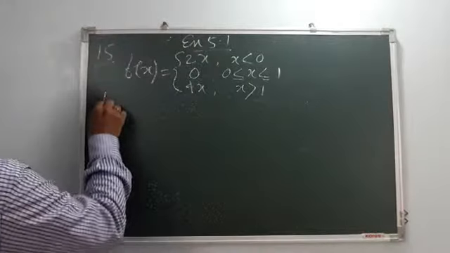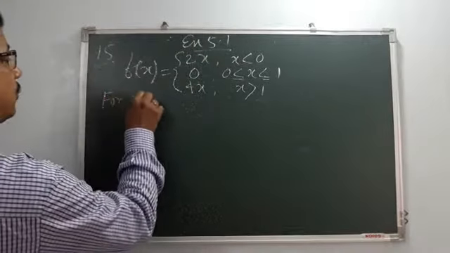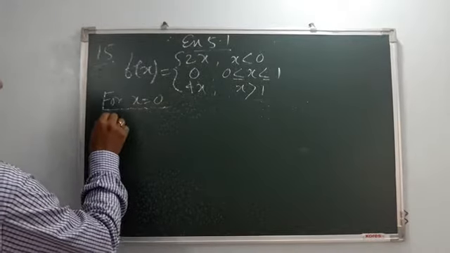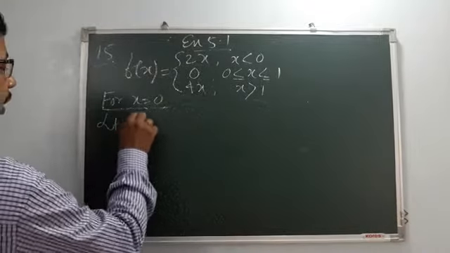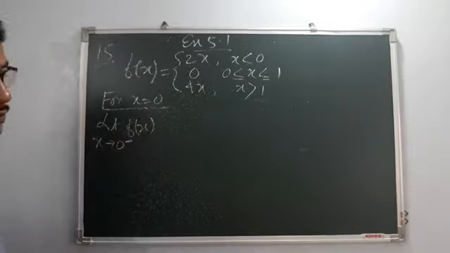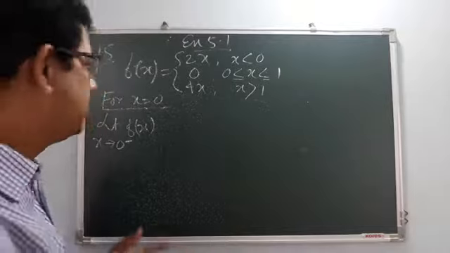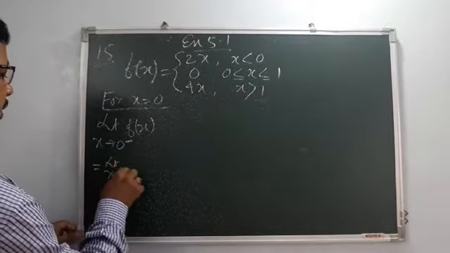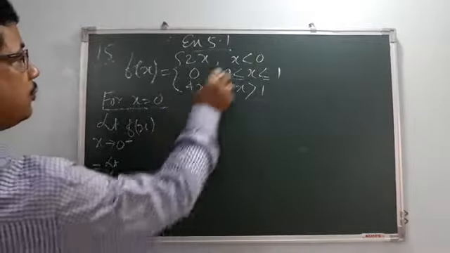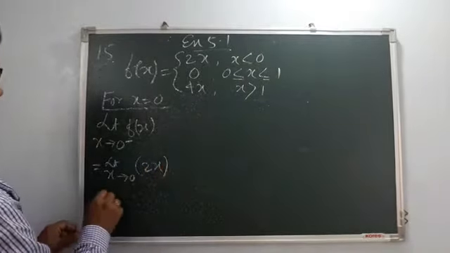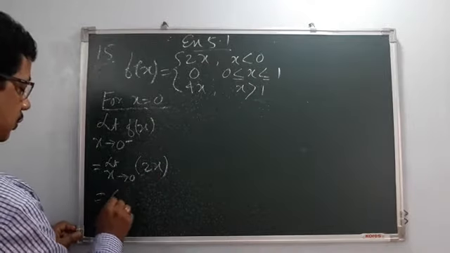So for x equal to 0, our left hand limit, that is limit of f(x) as x tends to 0 minus, which is a little less than 0. So the limit as x tends to 0 of f(x) is 2x when it is less than 0. If we take the limit, 2 into 0 gives 0.